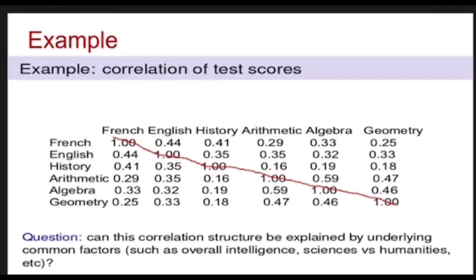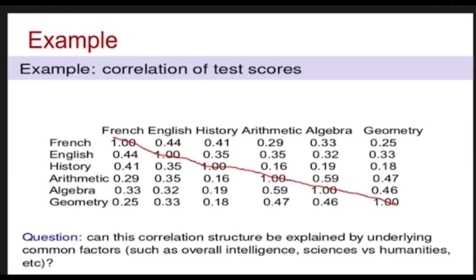Now, we know correlation exists here, but the question is, can this correlation structure be explained by some factors that we can think about, factors that are not originally part of this arrangement?